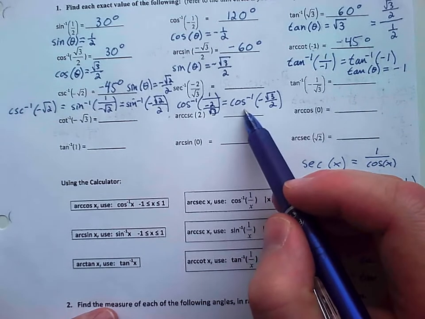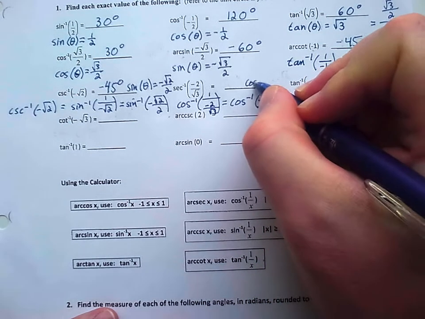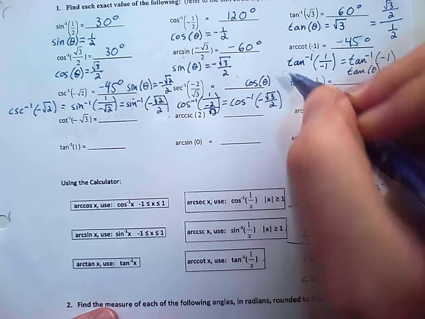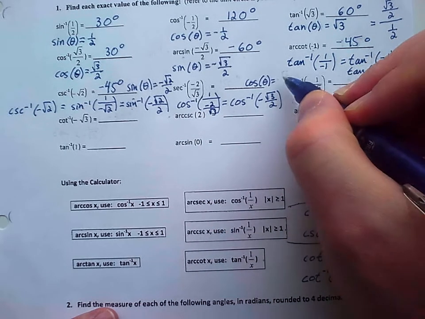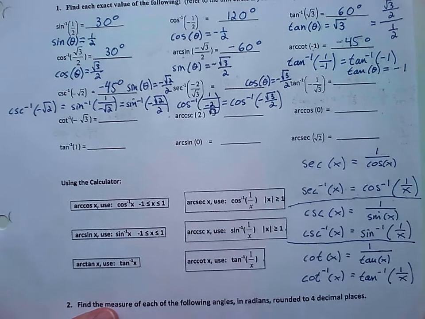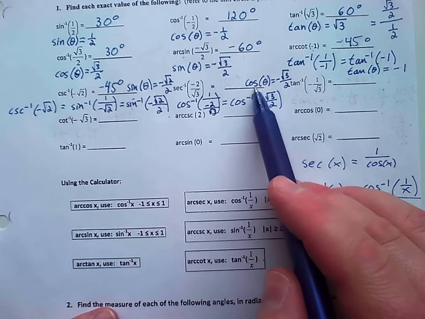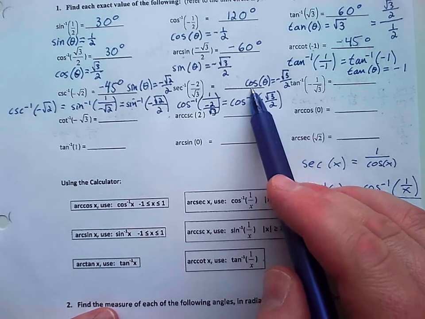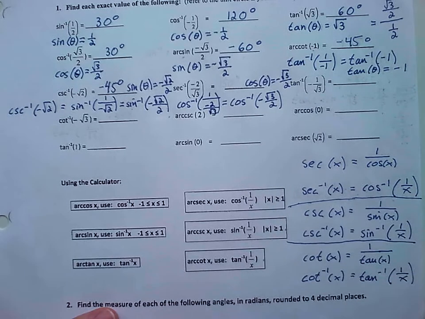So, if we have the arc cosine of negative square root of 3 divided by 2, that's the same thing as taking the cosine of theta, and the cosine of theta needs to be equal to what we're plugging into the arc cosine. So we're looking for an angle theta such that the x-coordinate is equal to the negative square root of 3 divided by 2.